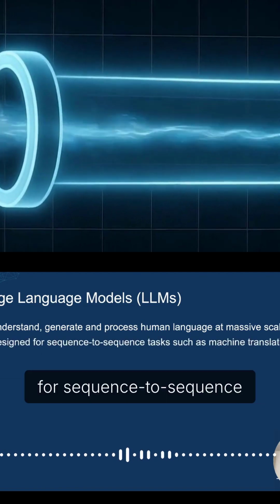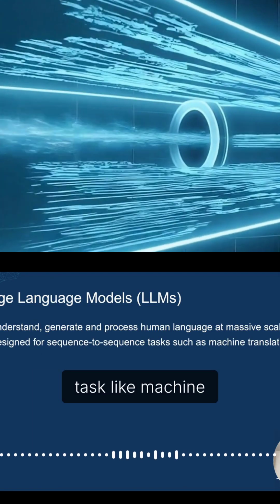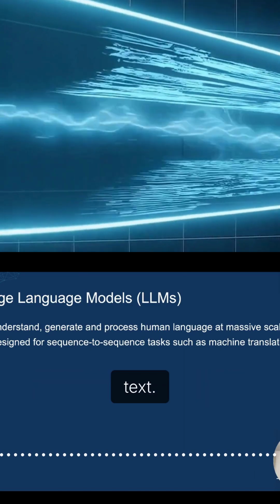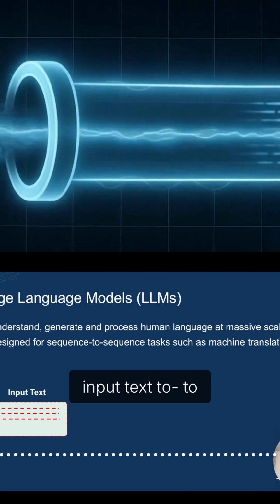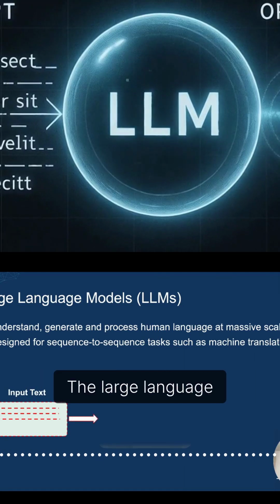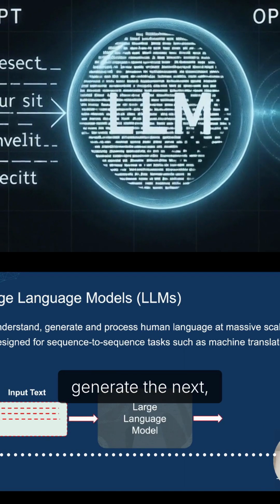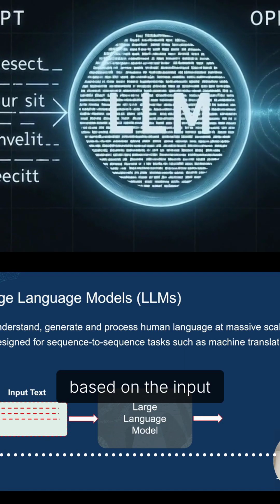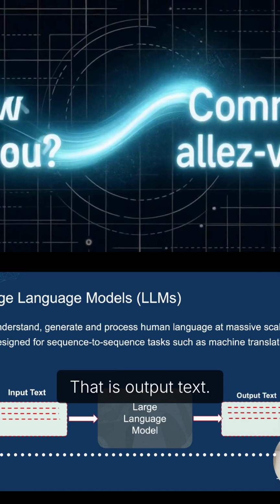They're designed for sequence-to-sequence tasks like machine translation or generating text. You send the input text to the model and it generates text. The large language model will generate the next token or new text based on the input text. That is the output text.